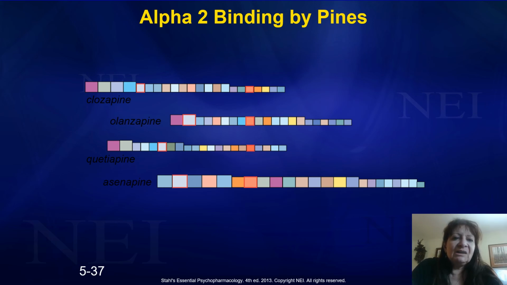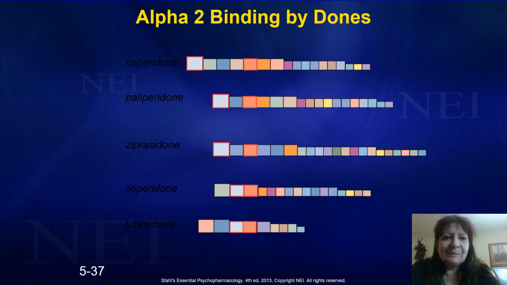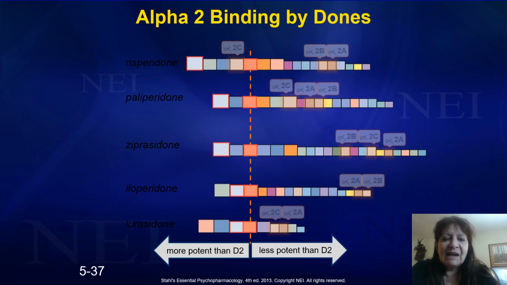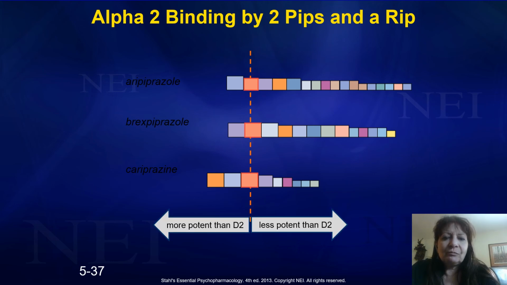So there is binding to alpha 2 receptors, and that is believed to help with anxiety and also cause some sedation. You can see that that is not present on the brexpiprazole or the cariprazine.